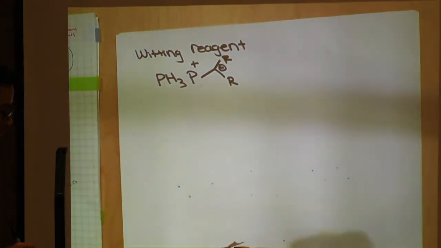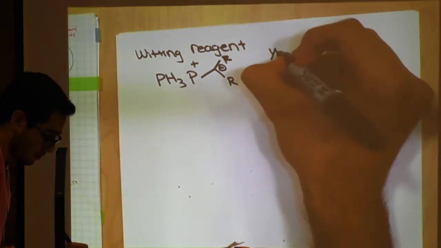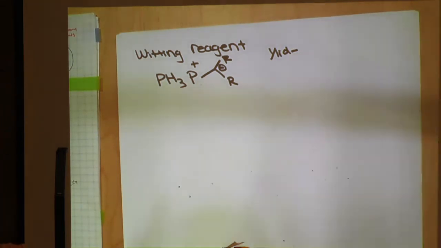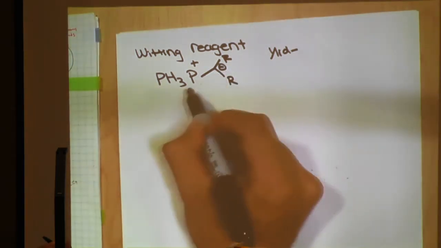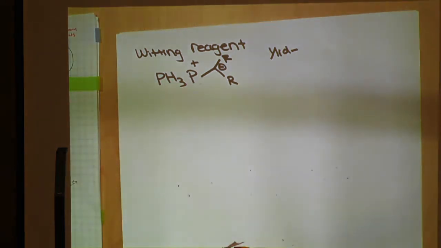It's triphenylphosphine. And just a quick reminder on what an ylide is, however you may pronounce it, is when you have two opposing charged atoms bonded to each other. So you have this negative carbon bonded to this positive phosphorus, right?